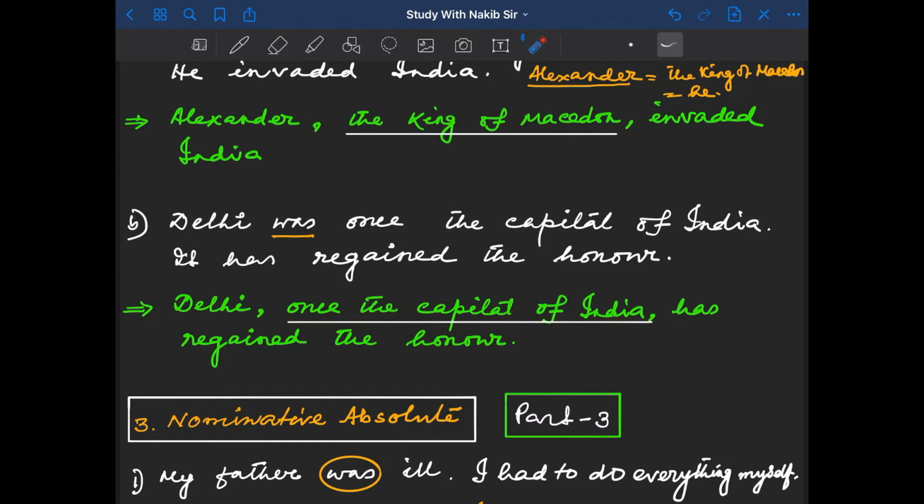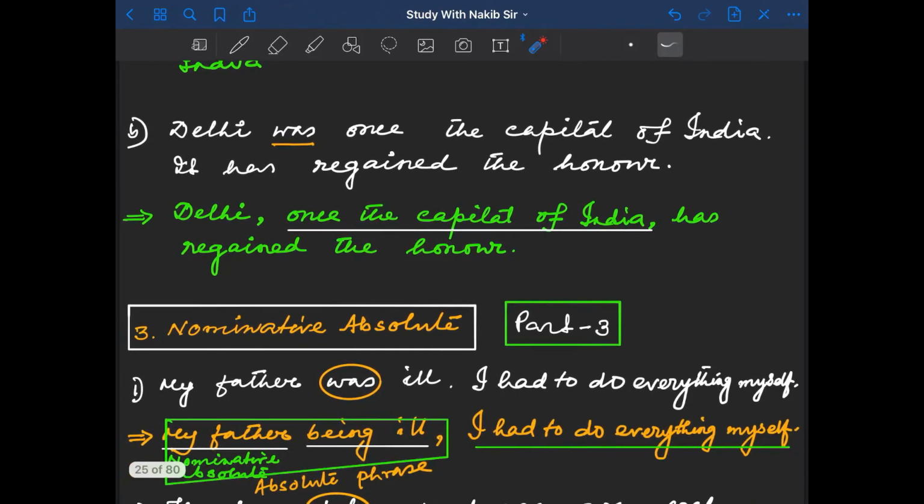So Delhi, comma, once the capital of India, has regained the honor is your combined sentence. And once the capital of India is a noun in apposition to the first noun Delhi. Here the second noun is working as an adjective of the first noun. The second noun is describing the first noun, but the second noun is called a noun in apposition to the first noun Delhi. Okay. Now the third element.